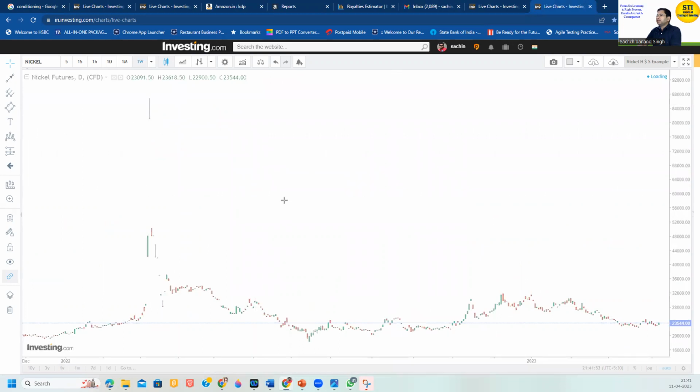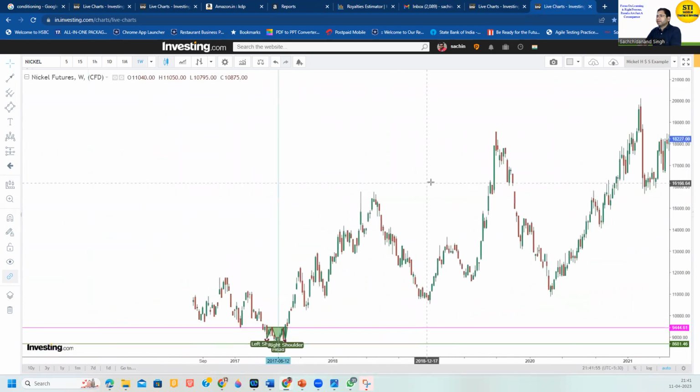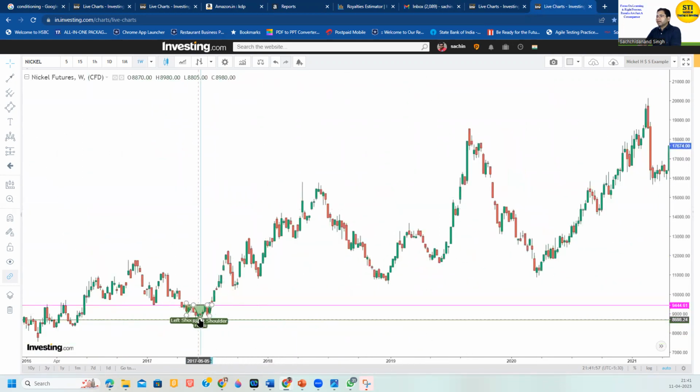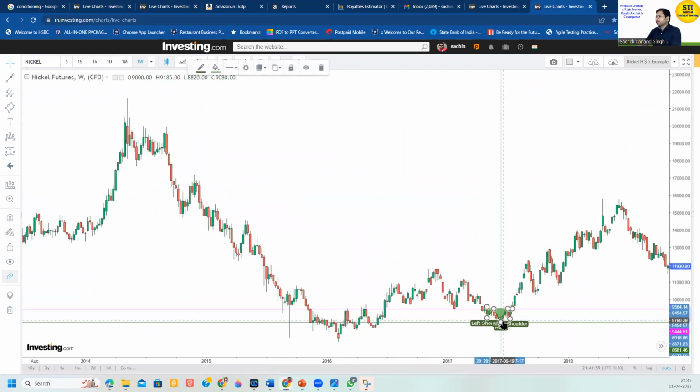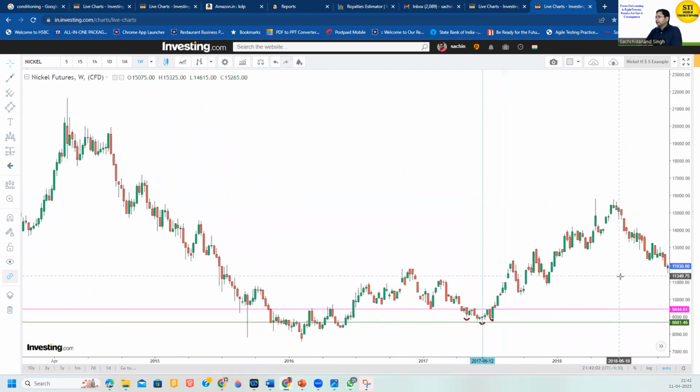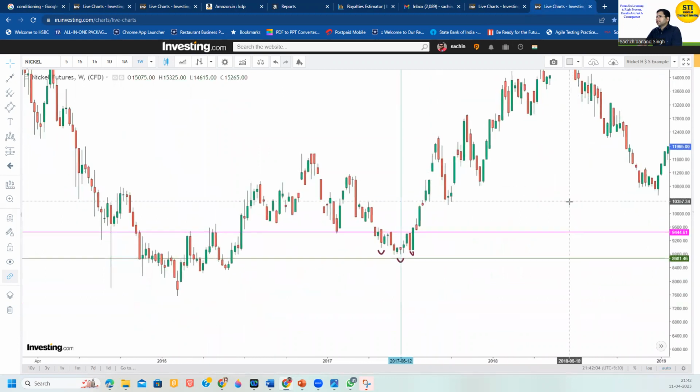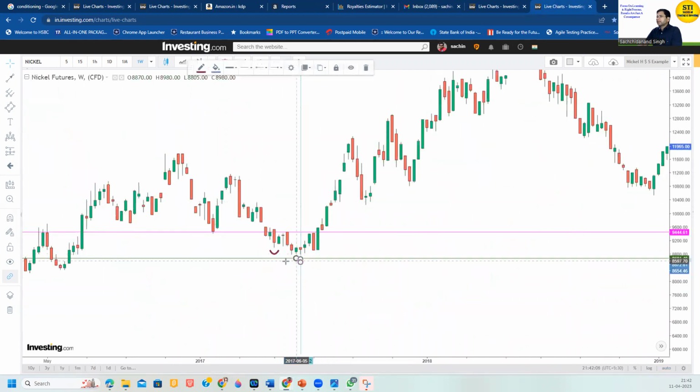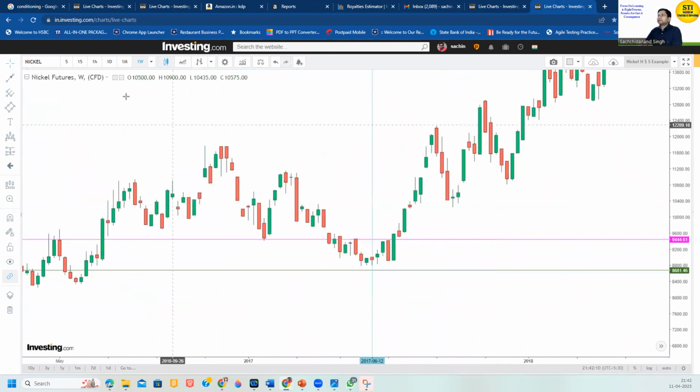So this is the chart pattern of nickel. Let me show you the formation, where it is happening. I'll just delete some of the old ones.